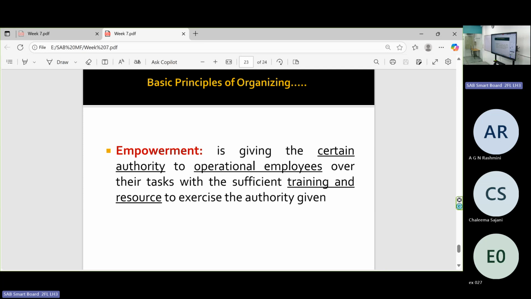Mostly organizations are using training and development to develop such qualities in employees, because without developing their competency, this cannot be practiced. Another requirement is that top managers should be ready to do this, and lower level managers and employees should be ready to take the responsibility. Those should be compromised to genuinely have work empowerment in an organization.